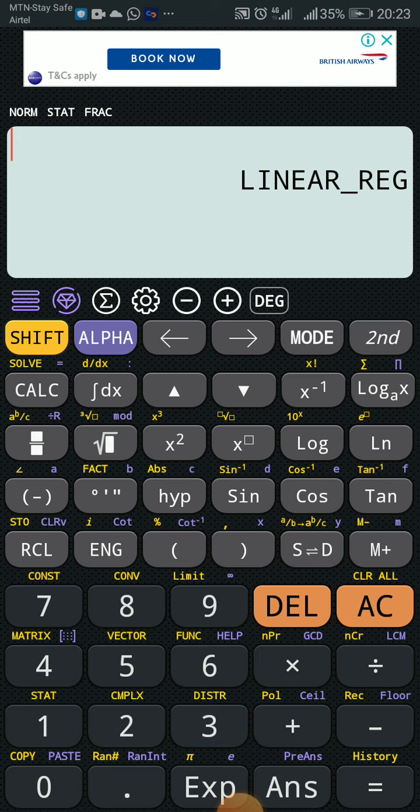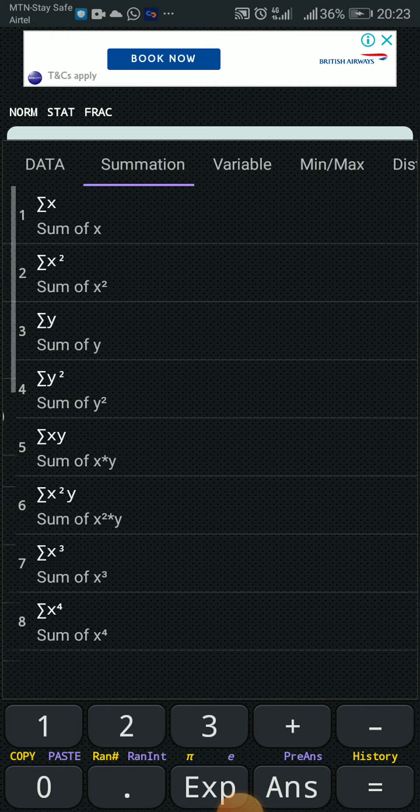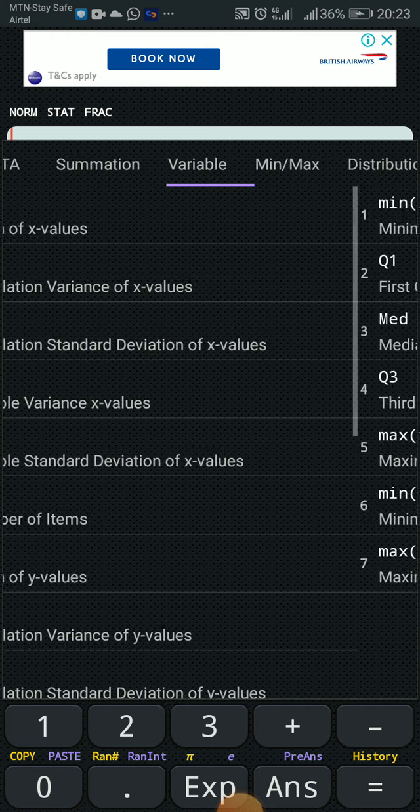Now, whenever you're asked to find the nth term, this is what you do. You go to Shift Start, then you press Reg, then you press A. My calculator is different, but let me see how to find A here.